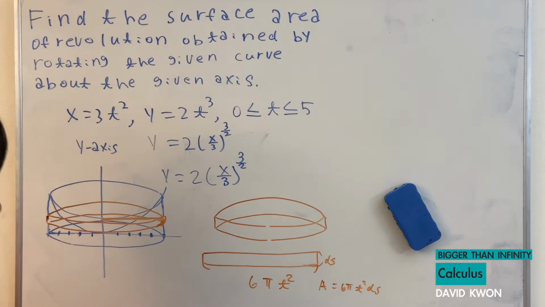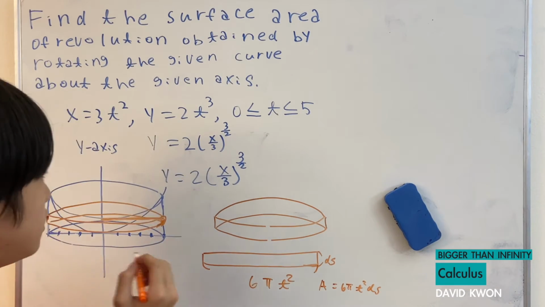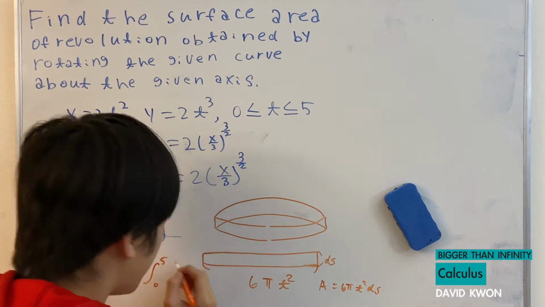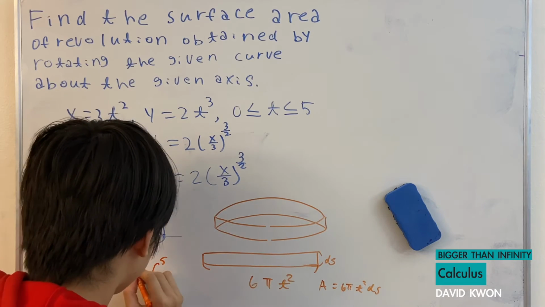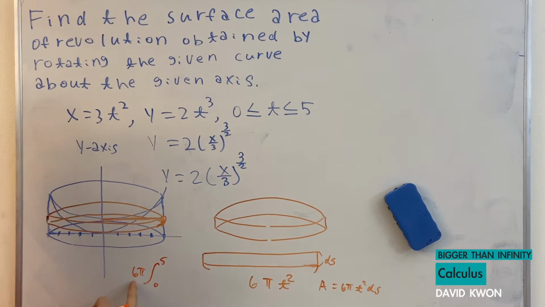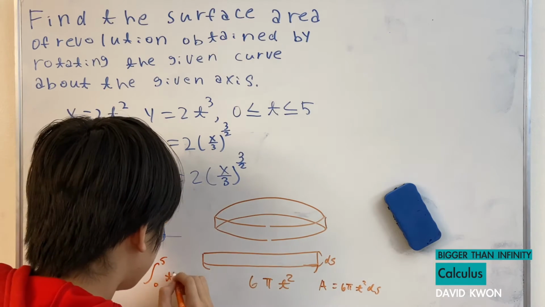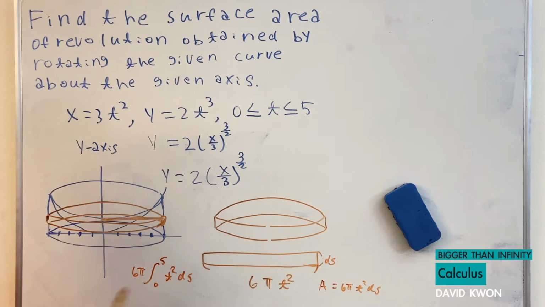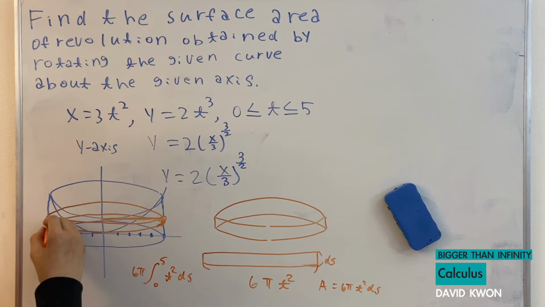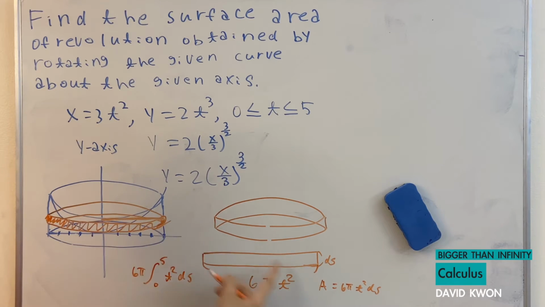And if I set the integral from 0 to 5 of this, 6 pi can come in front because that's the coefficient, and t squared ds can stay here. This rubber band was the surface area we just found.